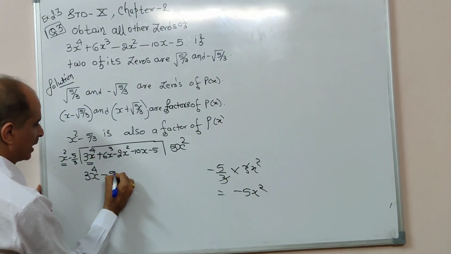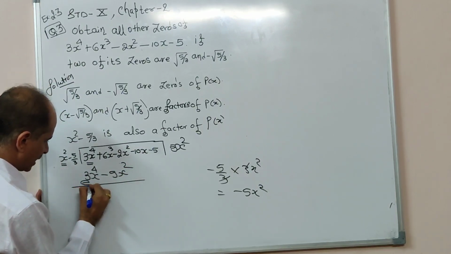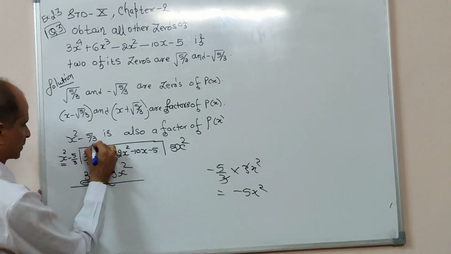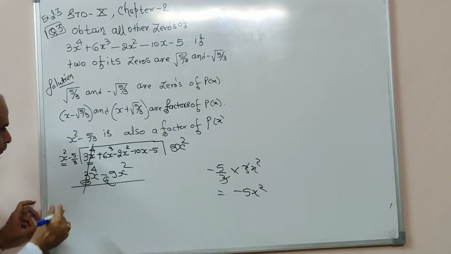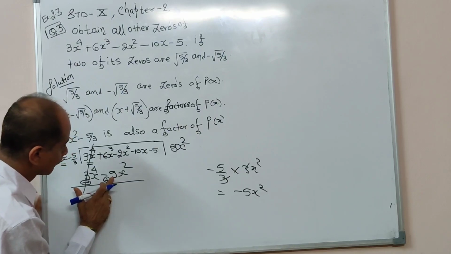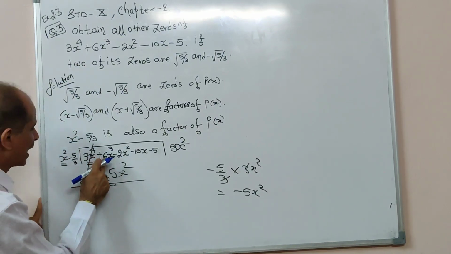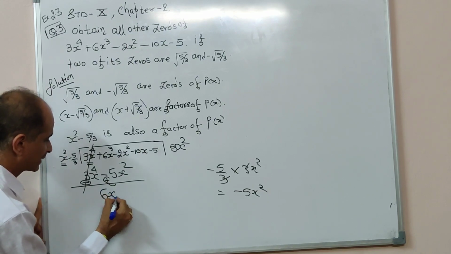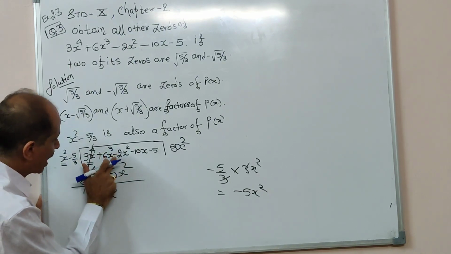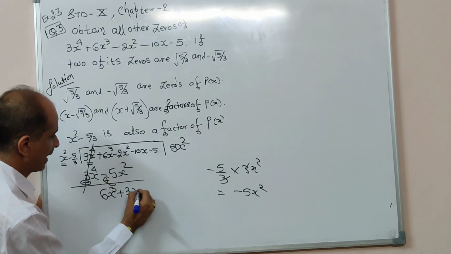So here you write minus 5x square. Now this becomes minus, this becomes plus, you can cancel this. Here it is 6x raised to 3 and minus 5x square, both are unlike terms, so you can't add them. So you write directly 6x raised to 3 minus 2x square plus 5x square, means plus 3x square.